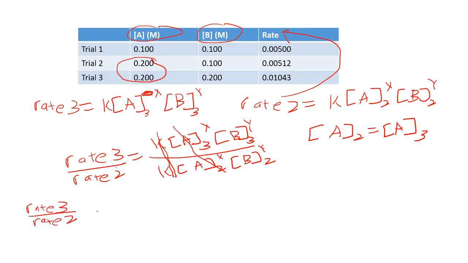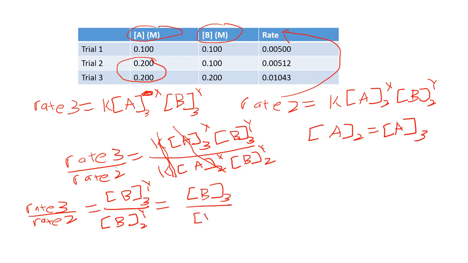And remember, these are numbers. I'm just leaving it like this for the algebra to help you set up your Excel equations. So we have B3 to the Y, and then we have B2 to the Y. So now I'm going to use my exponent rules to make some changes to this here. What I know is I can rewrite this as B3 over B2, all to the Y power.